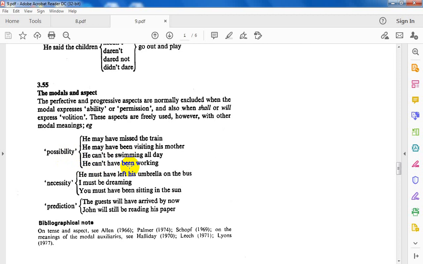Necessity: he must have left his umbrella on the bus. This is necessity, and it is perfective. I must be dreaming, it is necessity, and the aspect is progressive. You must have been sitting in the sun, it is perfective progressive, and the meaning of must is necessity.